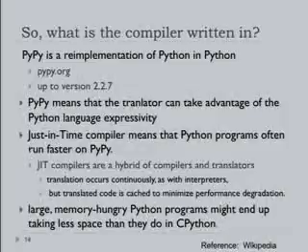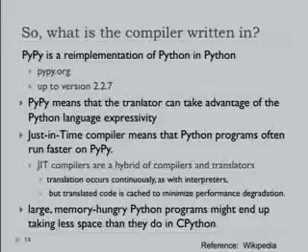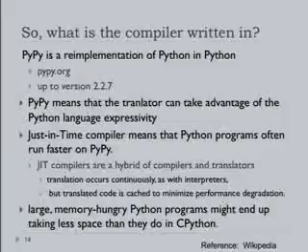Yes? Is PyPy the compiler or interpreter? An interpreter, but it also compiles. So the problem with computing is you say there are this and this, but then there are all these hybrids in between.